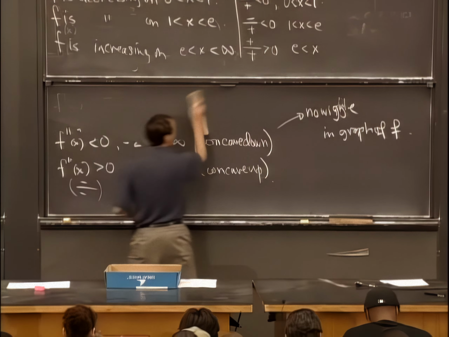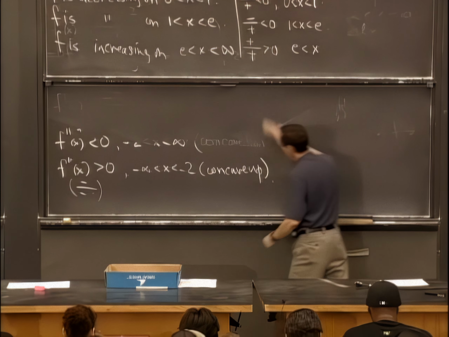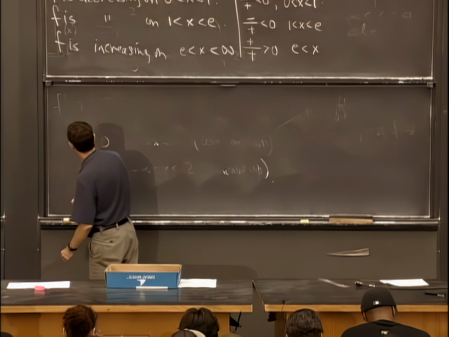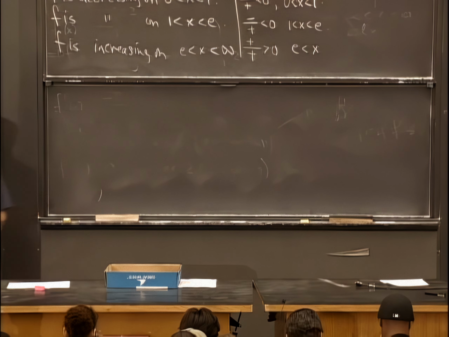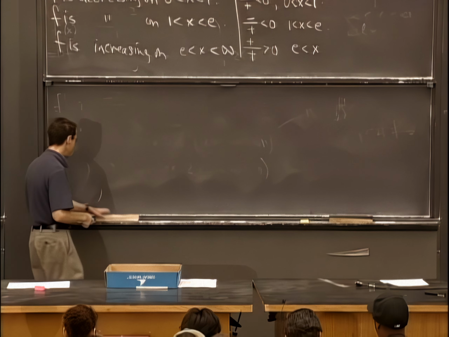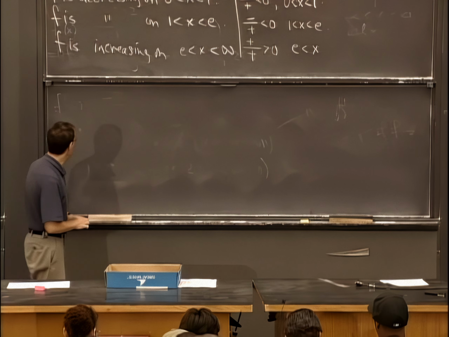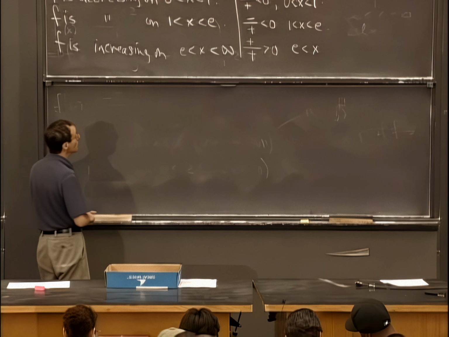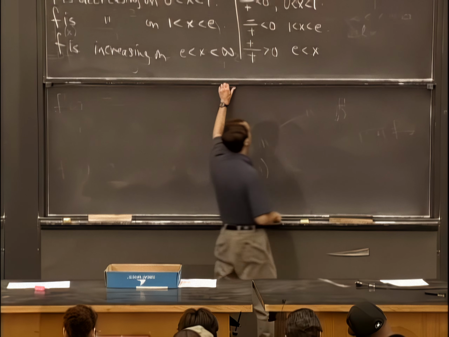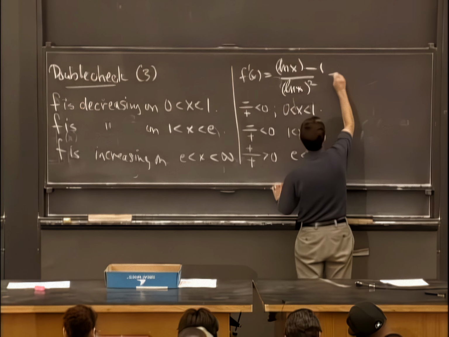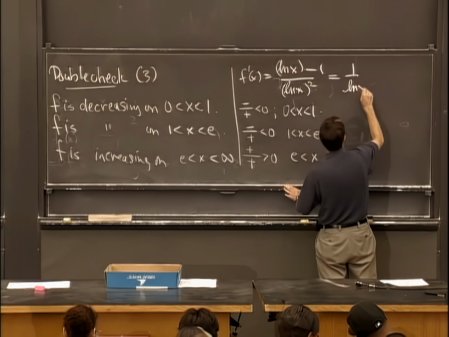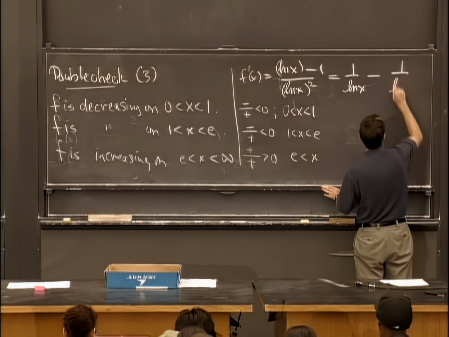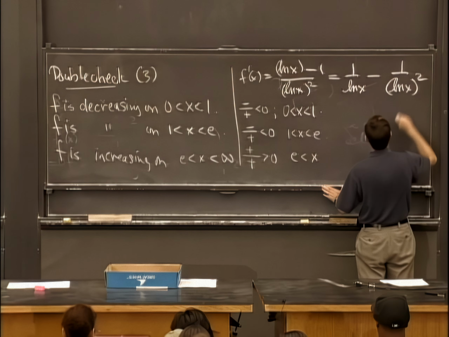All right, so now we're going to go on to the second derivative, but first I want to use an algebraic trick to rearrange the terms, and I want to notice one more little point, which, as I say, is decoration for the graph. So I want to rewrite the formula. Maybe I'll do it right over here. Another way of writing this is 1 over log x minus 1 over log x squared.